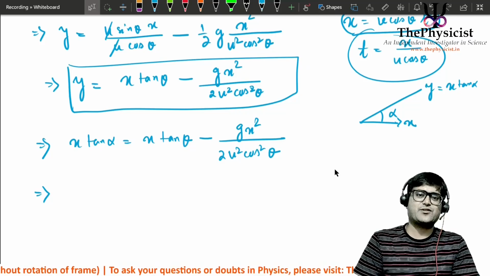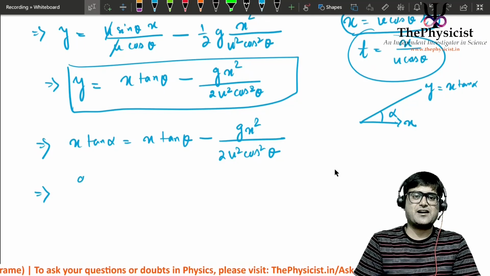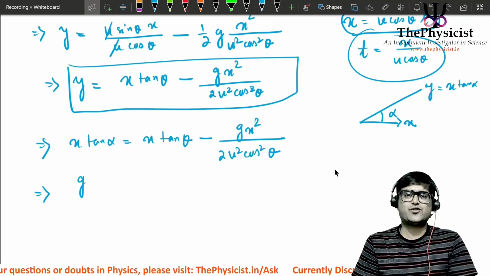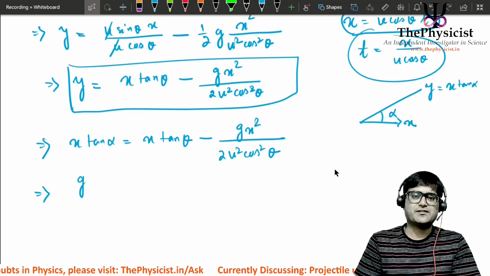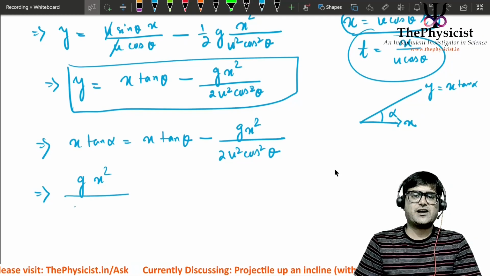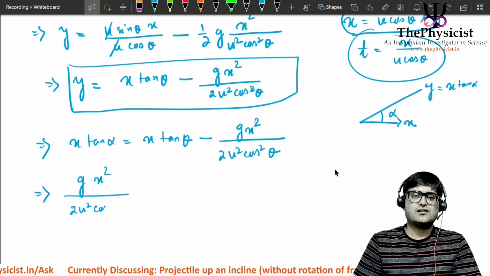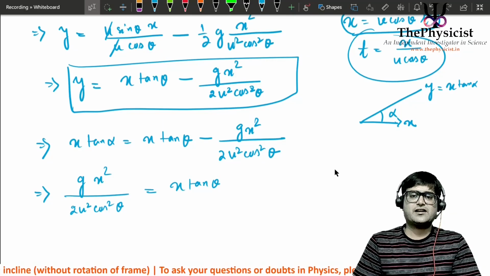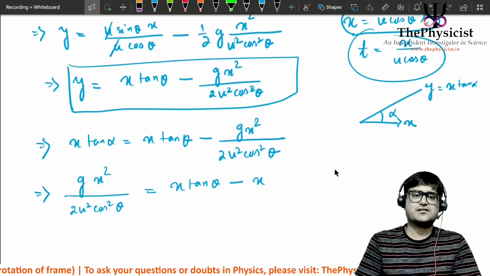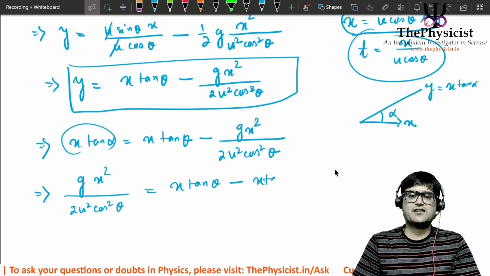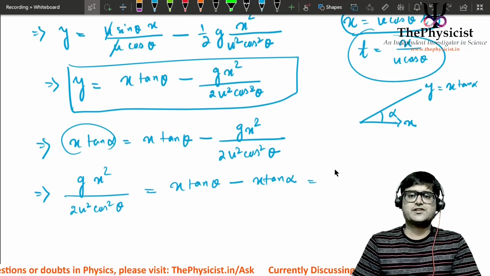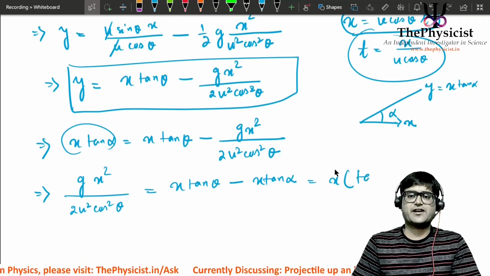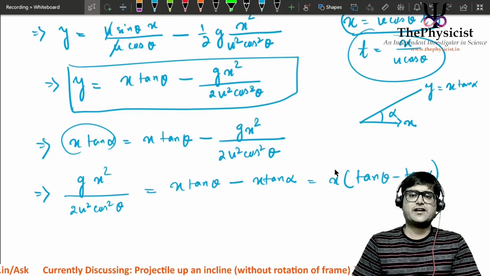So what we're gonna do? g x squared by 2u squared cos squared theta, if I take it to the left hand side, becomes plus g x squared by 2u squared cos squared theta. On the right hand side, x tan theta, then minus x tan alpha, which is nothing but x into tan theta minus tan alpha, right?